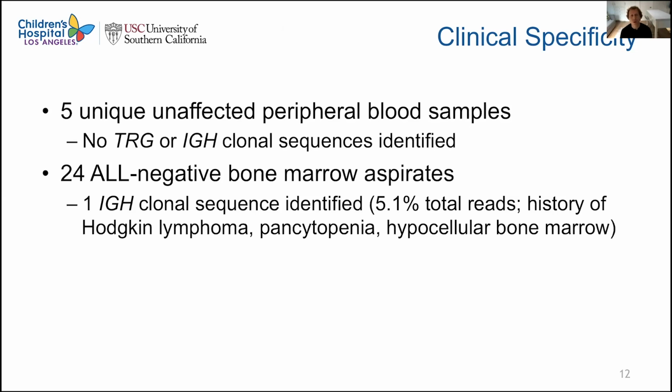And from those 24 specimens, we only had one sequence that crossed the 5% threshold, an IGH gene in a specimen from an individual with a history of Hodgkin lymphoma that had pancytopenia and a hypocellular bone marrow. So perhaps it's not surprising that there was this sequence present above the 5% threshold, given that their bone marrow isn't completely normal.